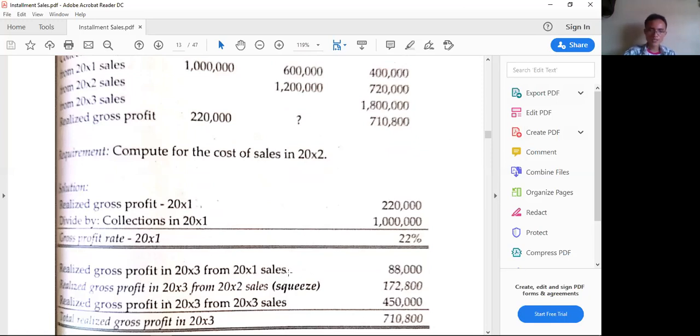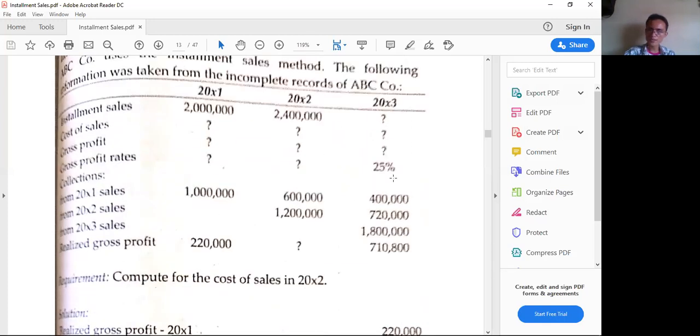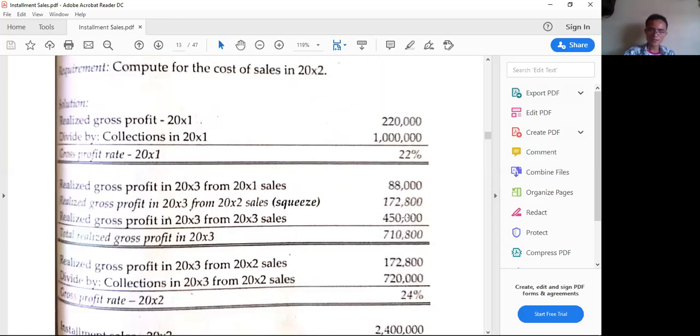So for the year 20x2 collections in the year 20x3, it's not given. In the year 20x3 for the 20x3 sales, you have here 450,000. So how do we compute that? There is a gross profit rate of 25% multiplied by 20x3 sales, 1,800,000. And so that's how we obtain 450,000.